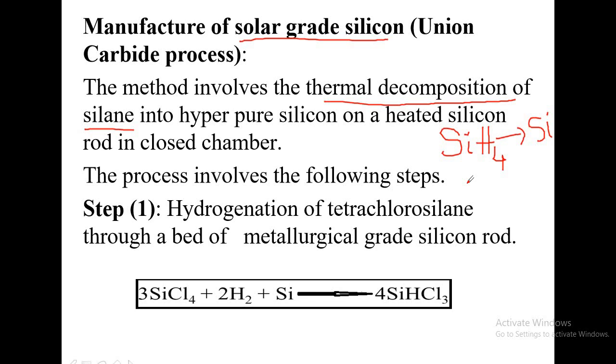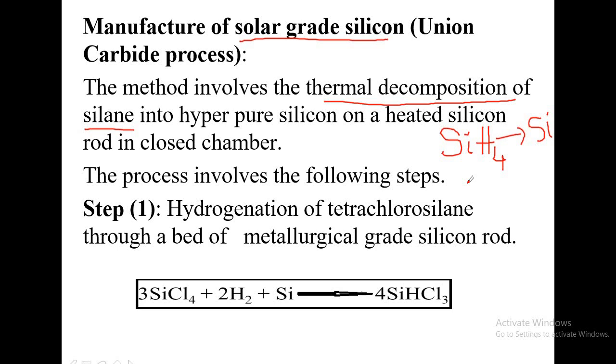And this reaction is carried out in a closed chamber. The hyperpure silicon that is obtained is made to get deposited on a metallurgical grade silicon rod. When this hyperpure silicon is deposited on the metallurgical grade silicon, the purity level of silicon increases, thereby reducing the impurities present in the metallurgical grade silicon.